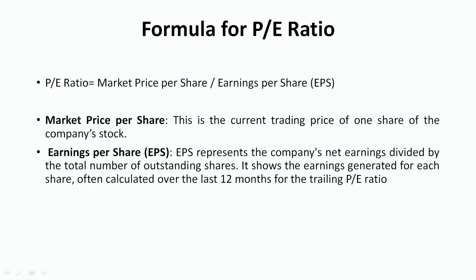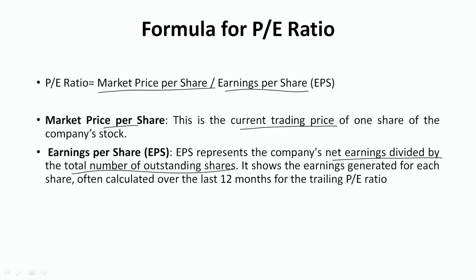This we have already seen in the previous lecture, but still just to have a revision. PE ratio is nothing but the market price per share upon earnings per share. Market price per share is nothing but the current trading price of the share, and earnings per share is nothing but the net earnings divided by the total number of equity shares outstanding.